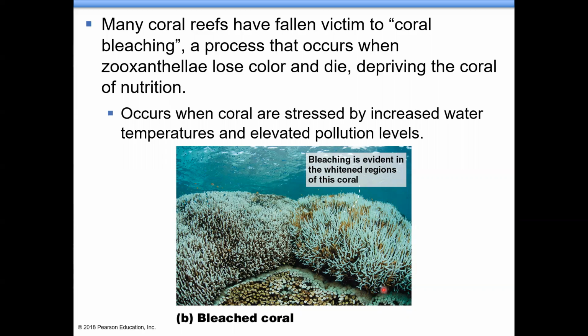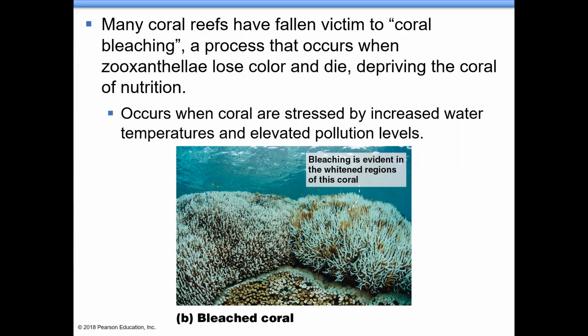So coral themselves are actually colorless or white. So when they do not have the algae anymore, they look like this. And that relationship with the algae is extremely important for the survival of coral. Zooxanthellae provide coral with a lot of the food that they need to survive.